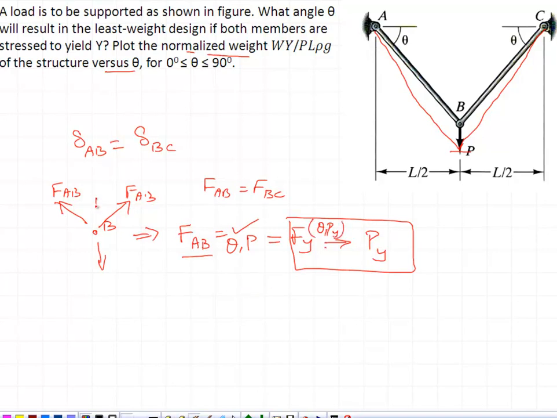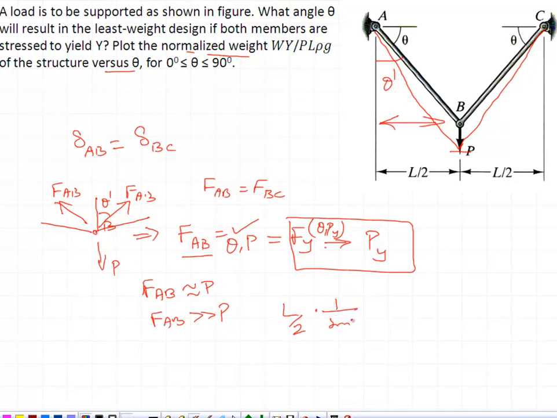Mind you, if the angle is this theta, and this is theta prime, if this theta prime is very small, we'll get FAB to be closer to P. If this angle is very large, we'll get FAB to be much greater than P. But if the angle is very small, the length becomes very, very high, because we have L by 2 as the horizontal length, and if this were theta prime, then the total length l is L by 2 into 1 by sine theta.